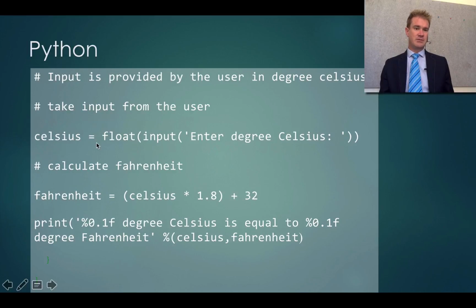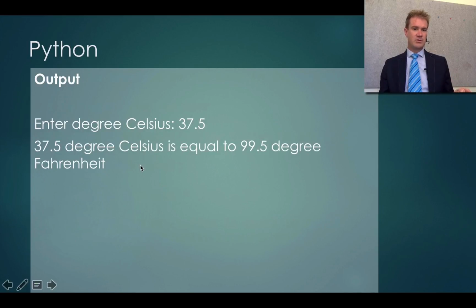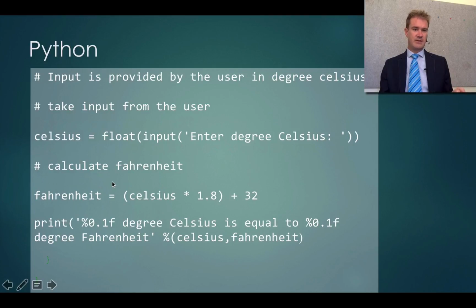So we go Celsius equals float, that's a type of number. Input, and this is just typing it to the output screen, so enter degrees Celsius, and then we want to calculate it in Fahrenheit.